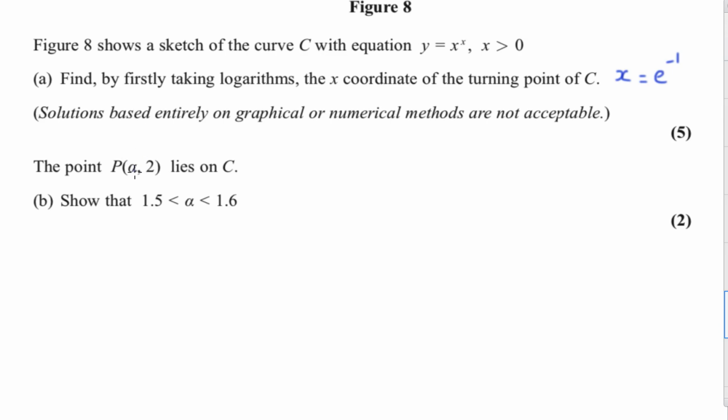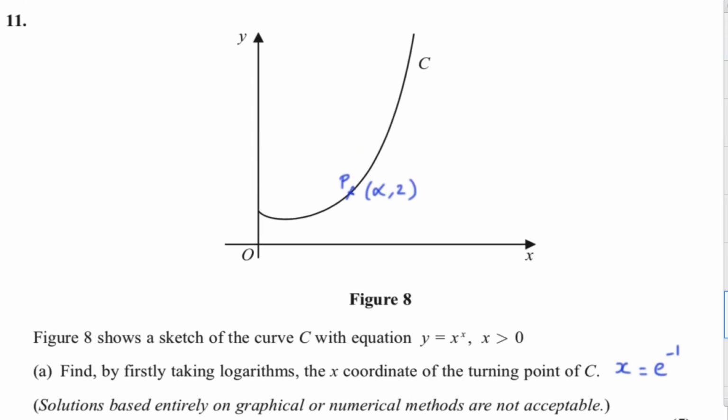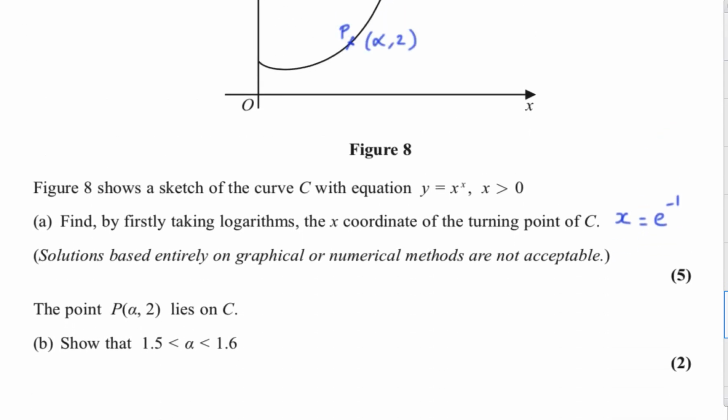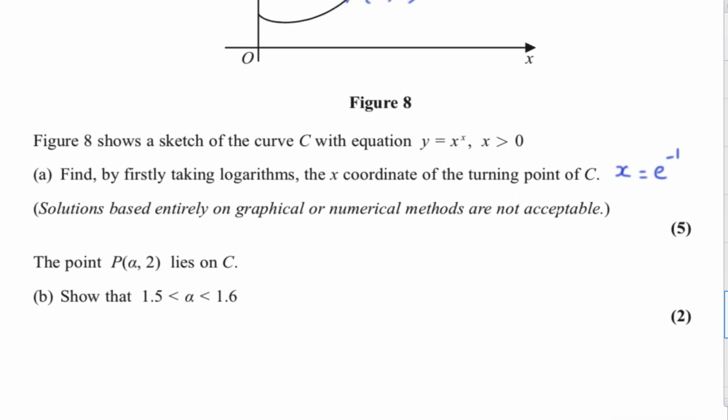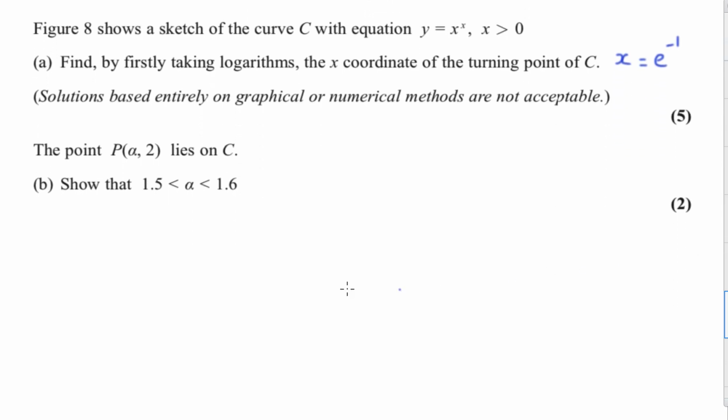Okay, for part B, it says that we've got the point A, 2 on the curve. So I've drawn that here. It says show that alpha is between 1.5 and 1.6. So we're saying that alpha to the power of alpha is equal to 2. So if we subtract 2 from there, we're going to get 0.